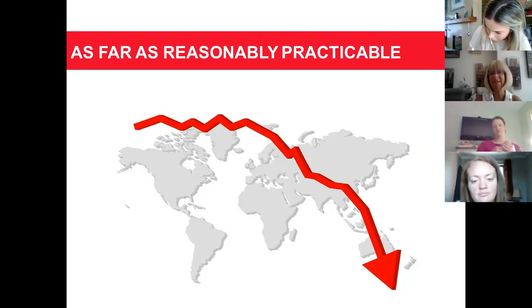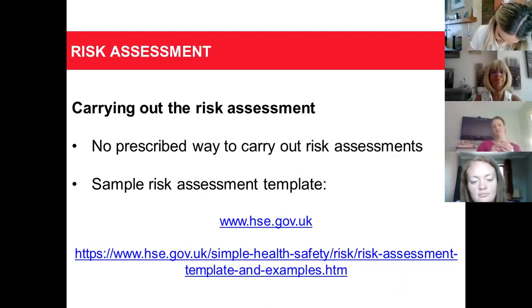by this hazard. And you may or may not know this, but interestingly, there isn't a prescribed way to carry out a risk assessment. The law is very absolute in that it does require us to carry out risk assessments, but the law doesn't say you must carry it out in this way.